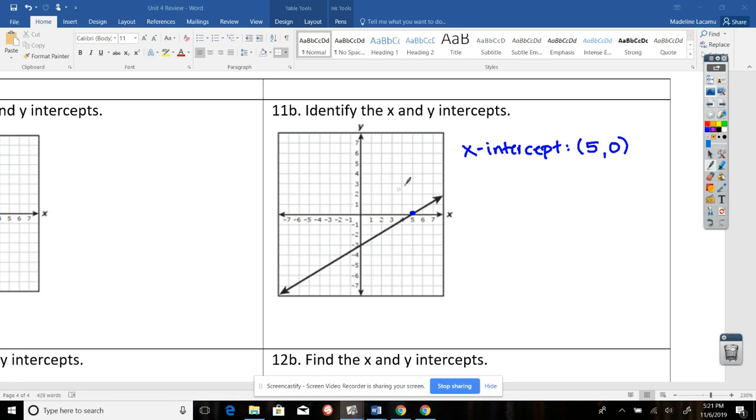Now if we look at our y-axis, that's where we find our y-intercept. So my y-intercept will be right here. Notice the y value is -3. So 0, comma, -3. And that's all you have to do for 11b.